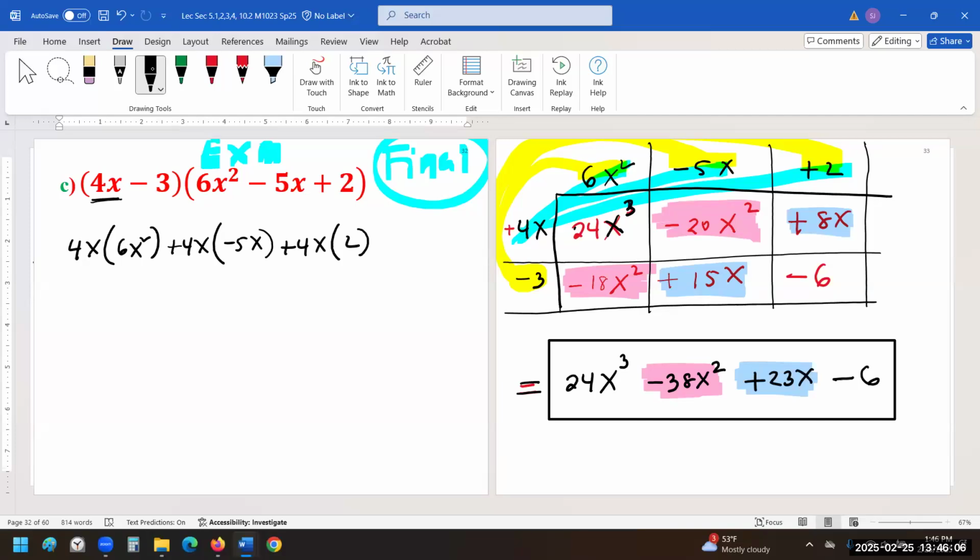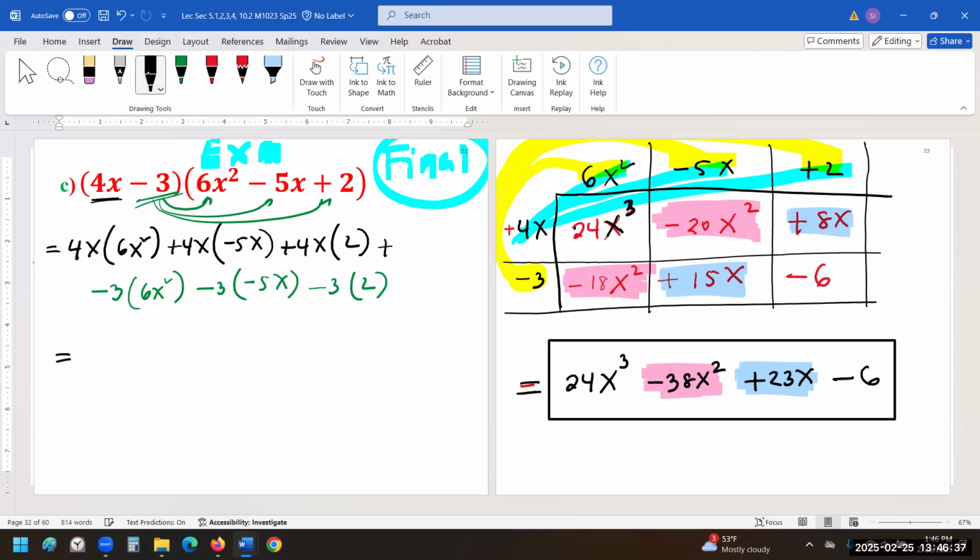And then since I don't have space, I'll do it on the next page. Next line. Then you take negative 3 and you multiply everything. So negative 3 times 6x squared, negative 3 times negative 5x. And then lastly, negative 3 times the 2. So one by one.